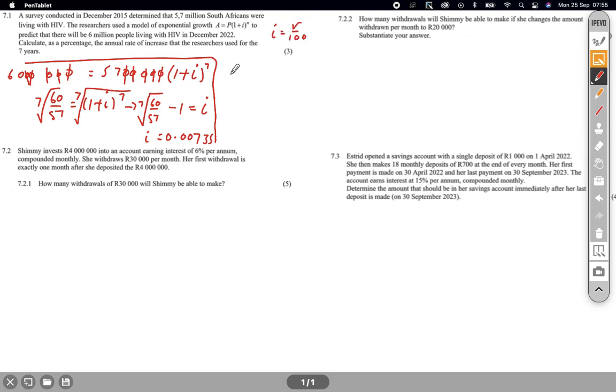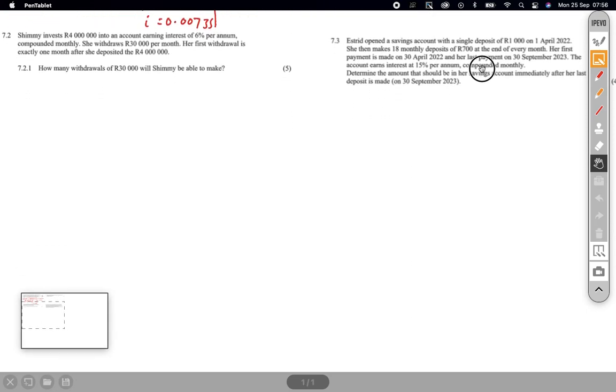So now we are looking for r. So to get r, we have to multiply i by 100. So r is equal to 0.00735 multiplied by 100. And this should give you 0.735%.